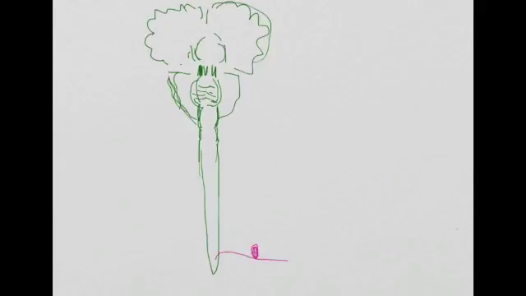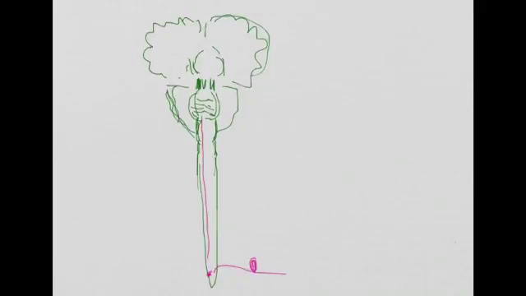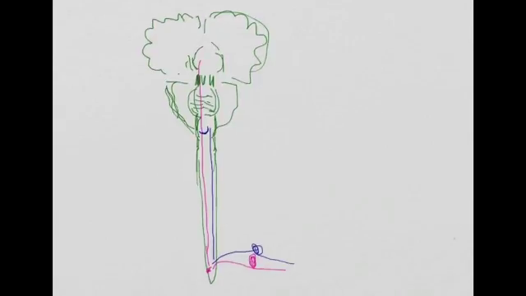In the spinothalamic tract it will cross over to the other side and carry contralaterally up to the thalamus. The dorsal column pathway again comes through the sensory nerve to the posterior horn, but keeps ipsilaterally until it comes up to the medulla, where it will cross over to the other side and then continue on to the thalamus.